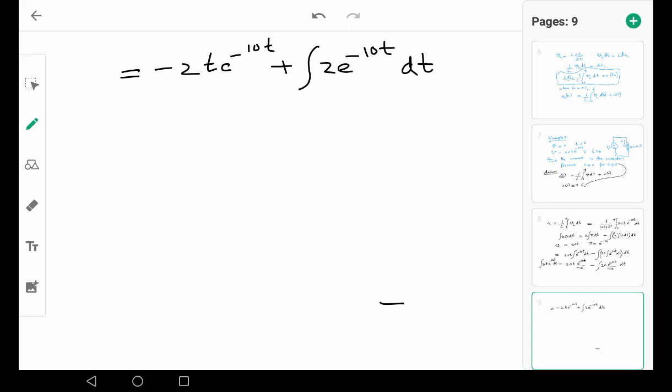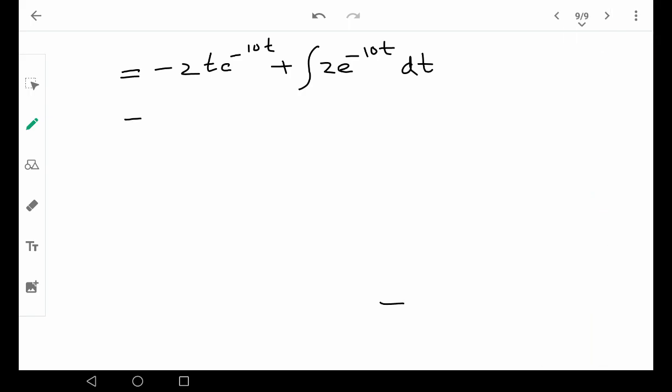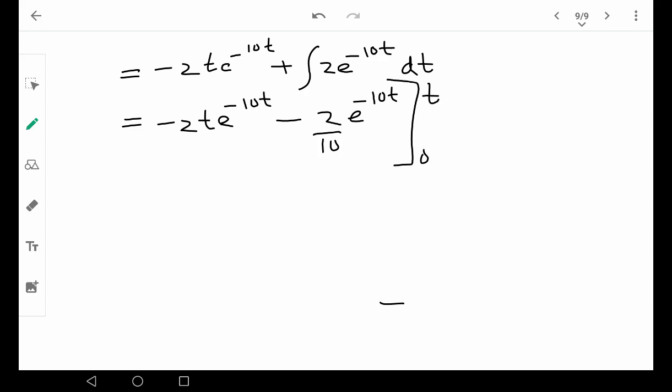Now this is minus 2 e raised to minus 10t minus 2 by 10 e raised to minus 10t, right? So now you apply the interval 0 to t, right?